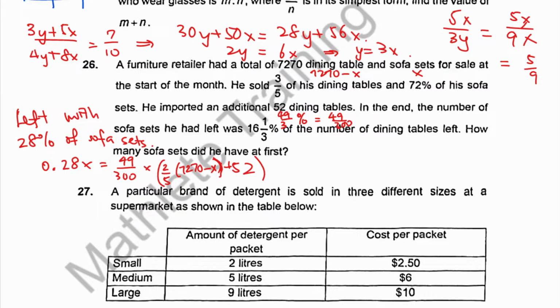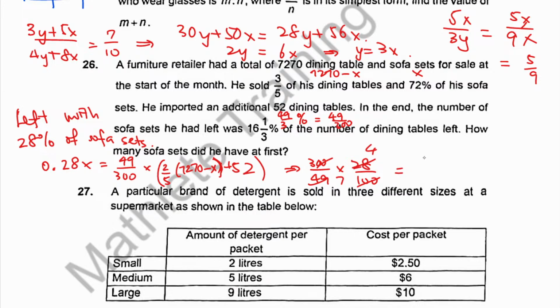Okay, so all we have to do is to solve this. First, we simplify. So multiply the left by 300 over 49. So 300 over 49 times 28 over 100. I cancel off the zeros, and then divide the top and bottom by 7.